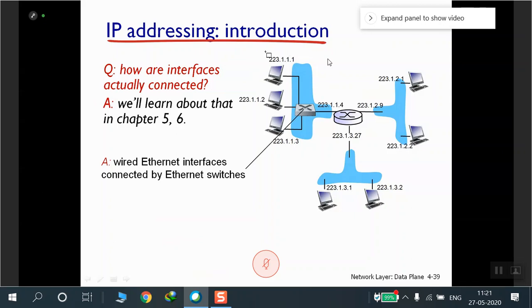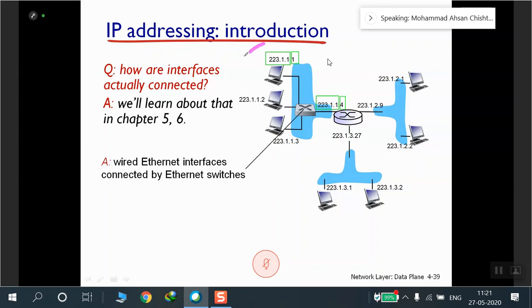The first part is common to all those nodes which are within the same network or the same LAN.